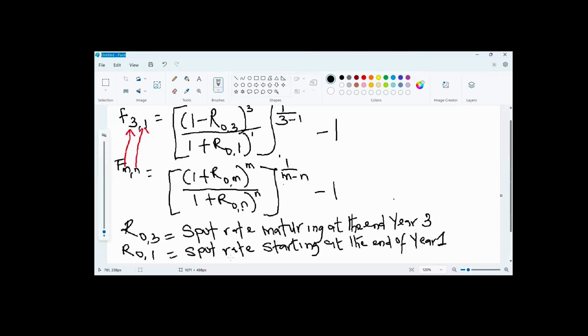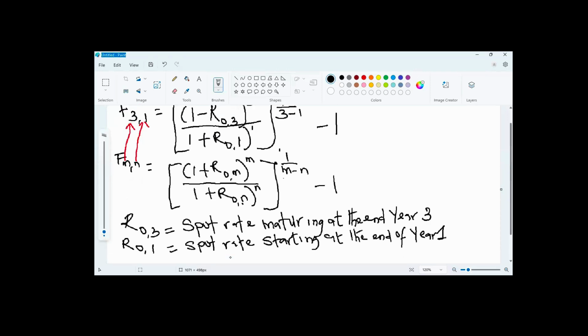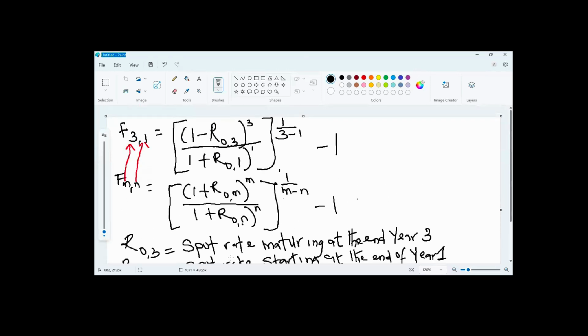I'll simply come here, or better still, take a new board. Forward rate f(3,1) is equal to, open my brackets, 1 plus the spot rate at the end of year 3 that we just computed, 0.0682.